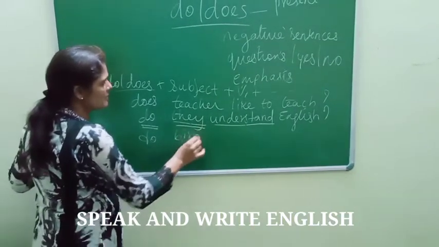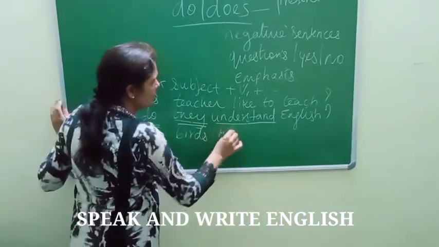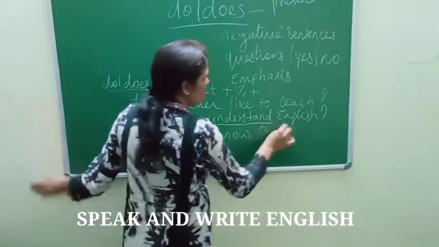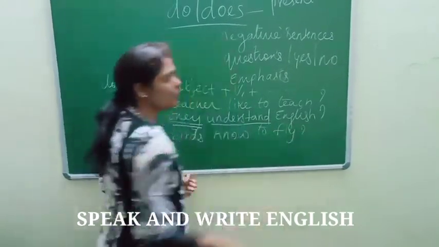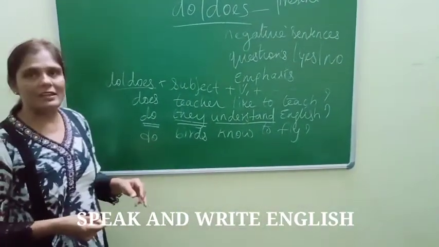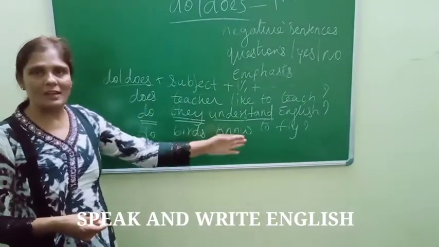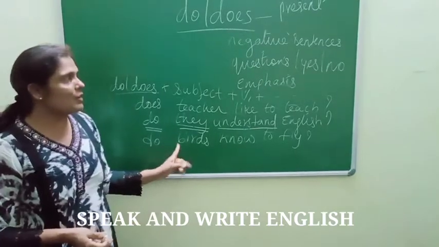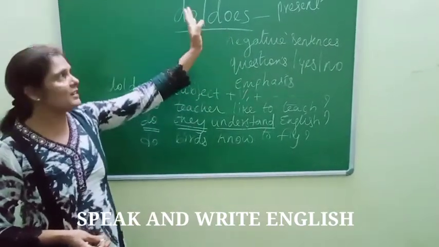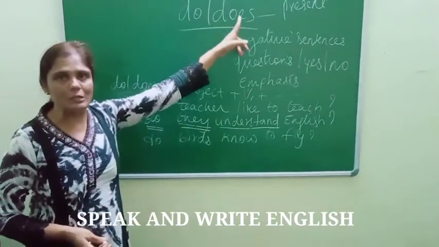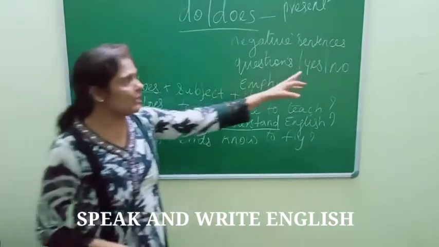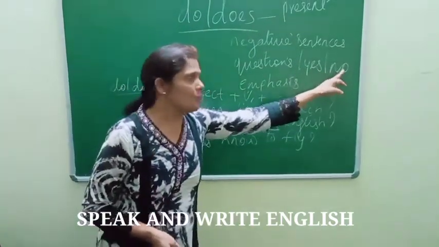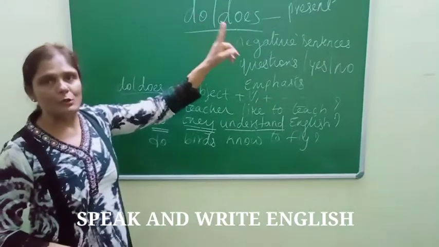Do birds know to fly? If the birds know to fly, yes. If the birds don't know to fly, no. So whenever you are asking the auxiliary questions for the auxiliary do and does, whenever you need to get the answer yes or no, we make use of do and does.